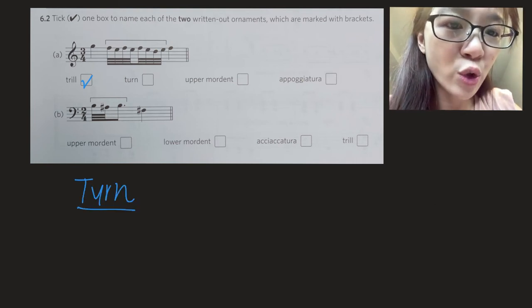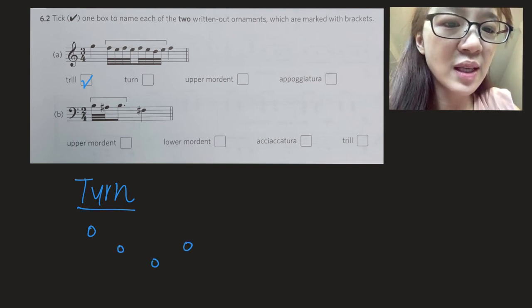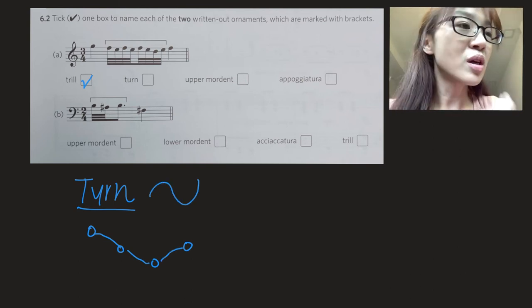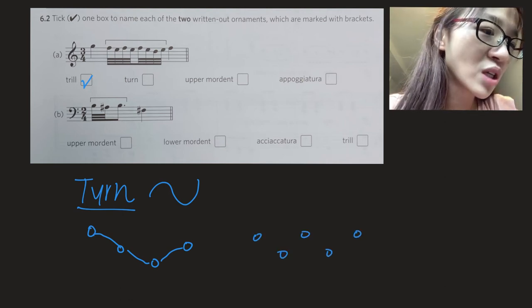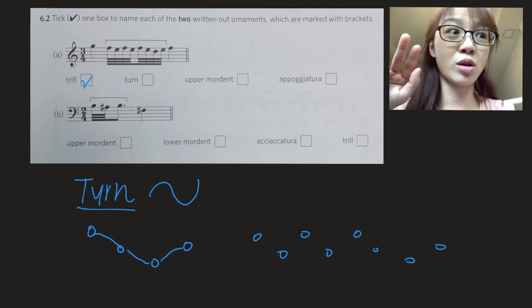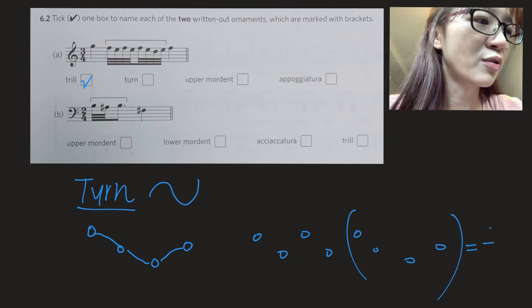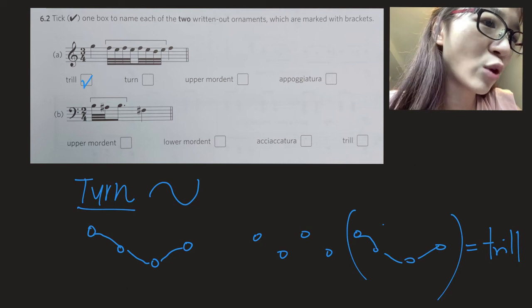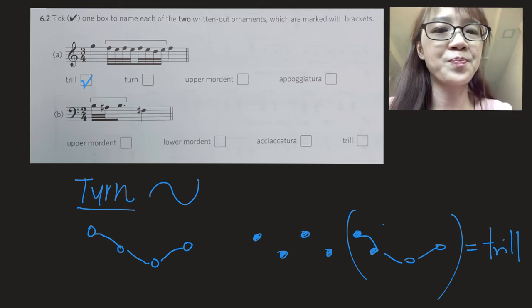It could be in this way. Da di da di. Yeah, see, it looks like a turn. Whereas a trill is repeated notes a few times, then you end up like a turn. Yeah, this is called a trill. This looks like a turn, but you have alternate notes, dum dee, dum dee, dum dee, repeated many times.